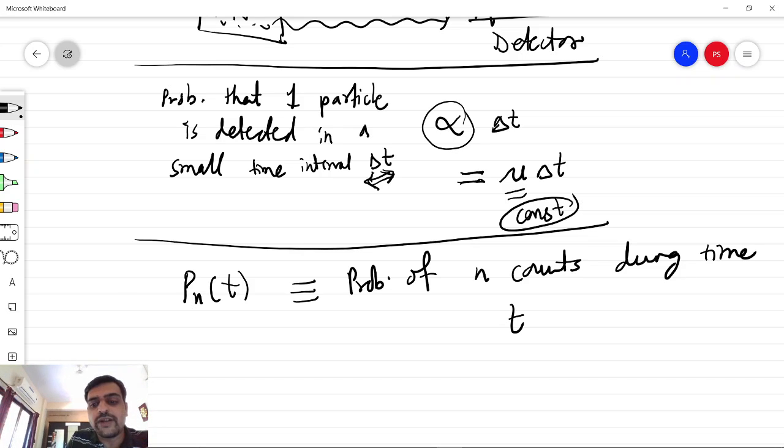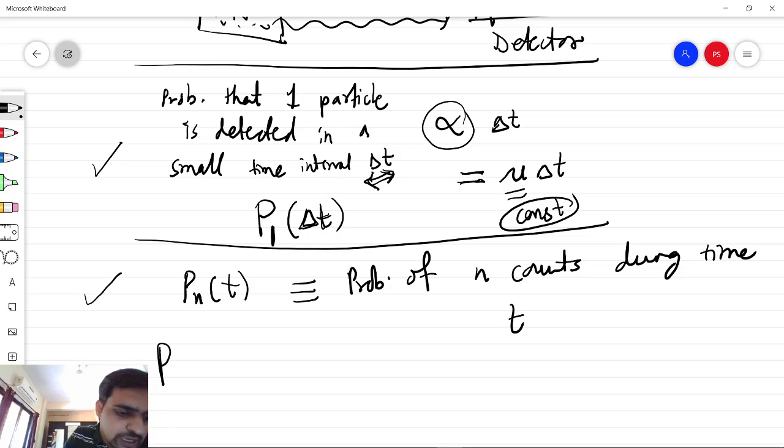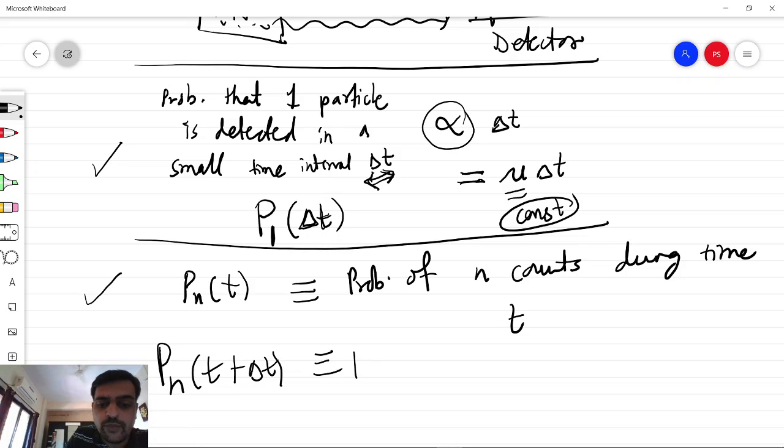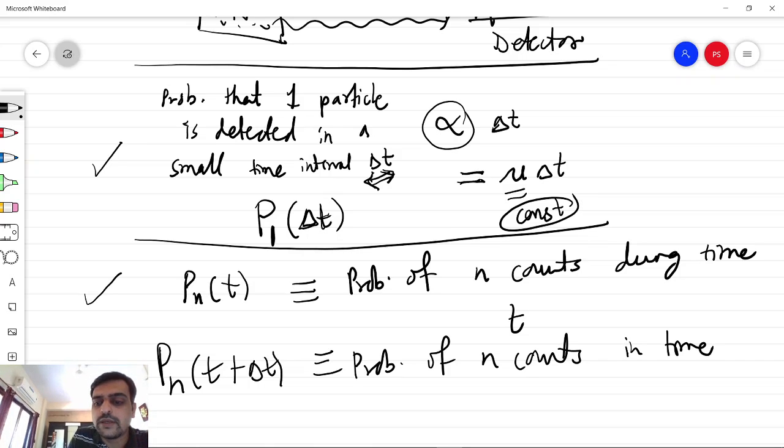So if we carry forward this notation, this can be denoted as P of 1, delta t: the probability of getting one count, that is one particle, in a duration delta t. If this is the notation to be followed, P of n, t plus delta t would be just the probability of getting n counts in a slightly larger time, t plus delta t.